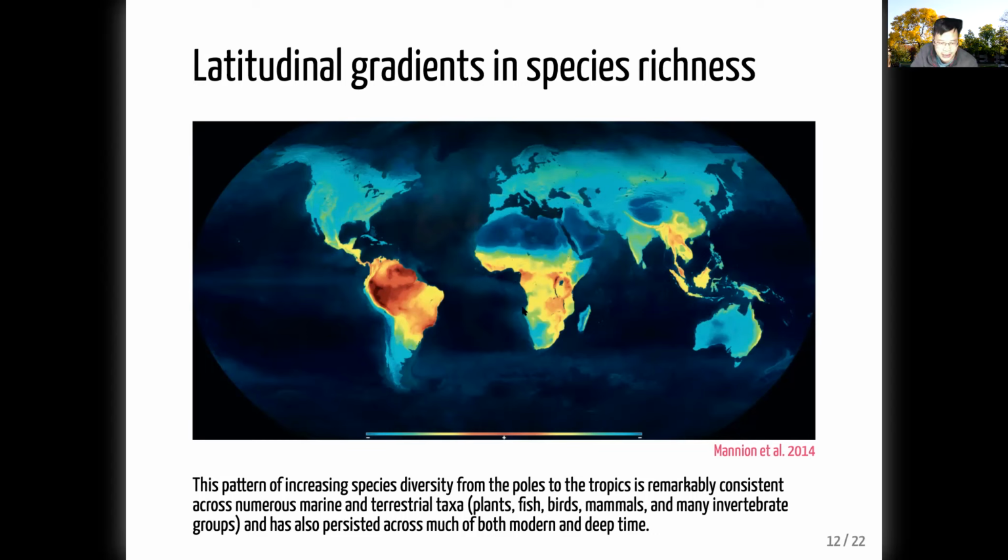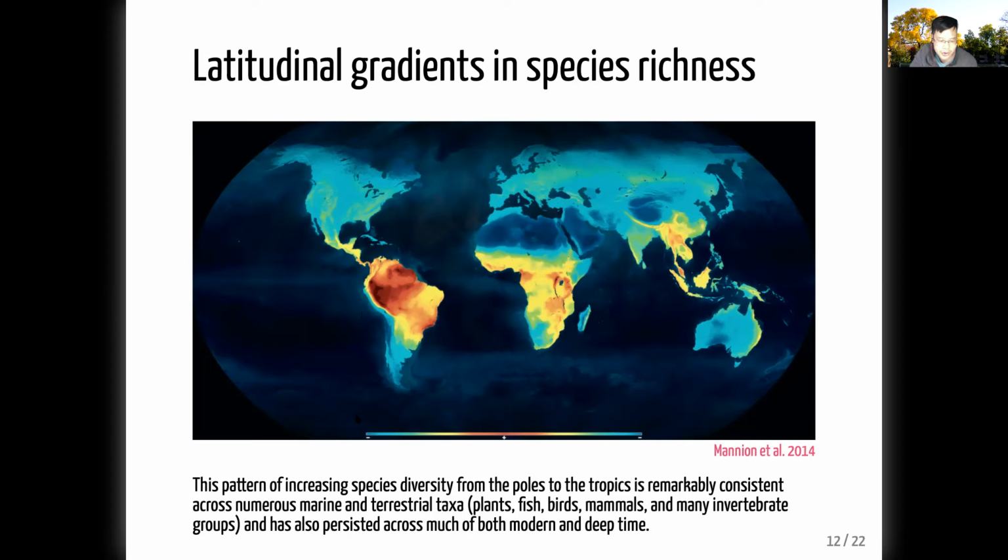This pattern of increasing species diversity from the poles to the tropics is remarkably consistent across different taxa groups, either marine or terrestrial, from plants, fish, mammals, birds, and many invertebrate groups too. Of course, exceptions can also be found.